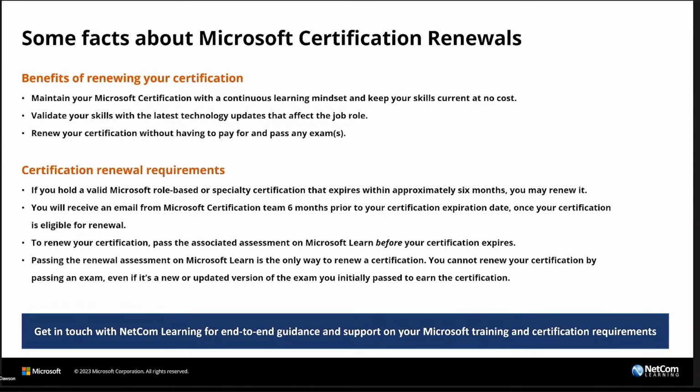So if you have a valid role-based certification or specialty certification, you'll get 6 months to renew it. So 6 months prior to your expiration date, you'll get an email from Microsoft saying, hey, you're expiring in 6 months. And then you've got that 6 months prior to the certification expiration to write your renewal exam and upgrade your certification for the next year.